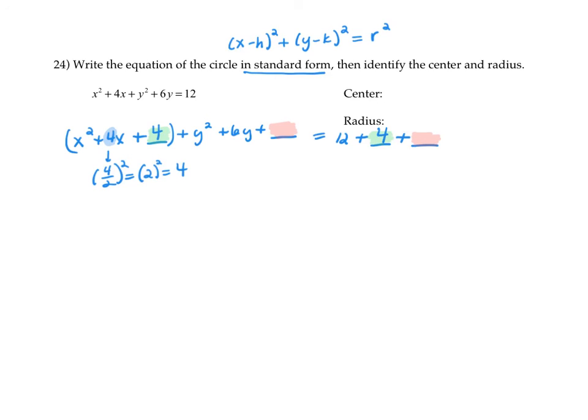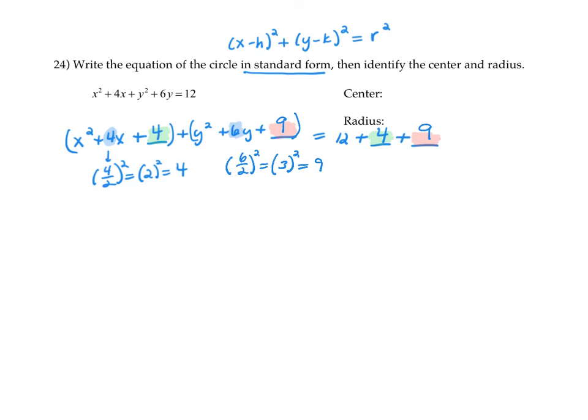With the y's, you are going to take this number that's in front of y, and you're going to divide it by 2 and square that result. 6 divided by 2 gives me 3. 3 squared is equal to 9. And add 9 to both sides. I'm just going to add some parentheses here to group all the y's together.